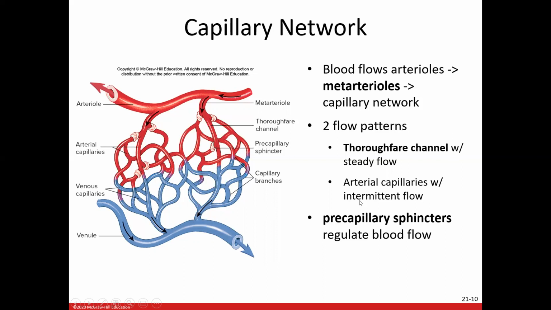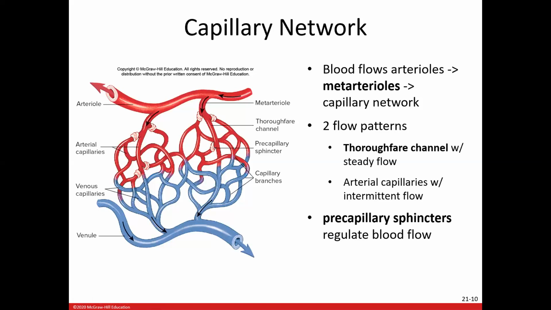And then we have what's called the intermittent flow. This is basically when it doesn't go through the thoroughfare channel, it goes through one of these side channels through a structure called the precapillary sphincter. These are these little bunches of white, you see them circling here. So the idea behind the precapillary sphincters is that they're going to regulate blood flow, depending on if they're constricting or dilating.